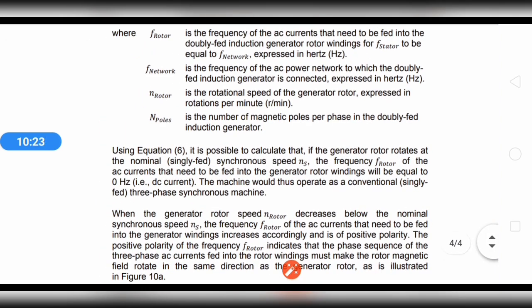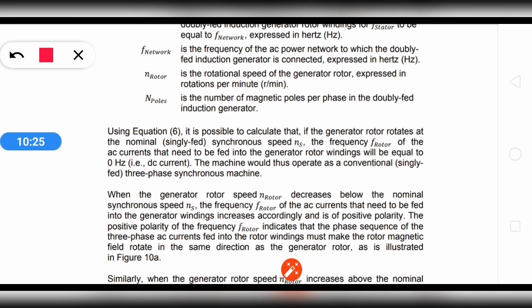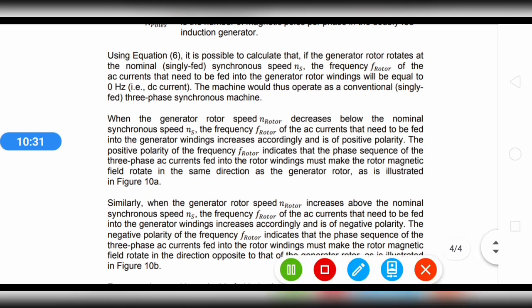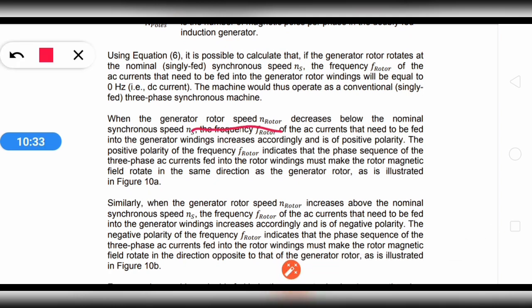That means there is no need for additional changes in the frequency of the AC current. But when the rotor speed decreases below the nominal, synchronous speed, then the frequency of the AC currents that need to be fed into the generator increases accordingly and is of the opposite, positive polarity.